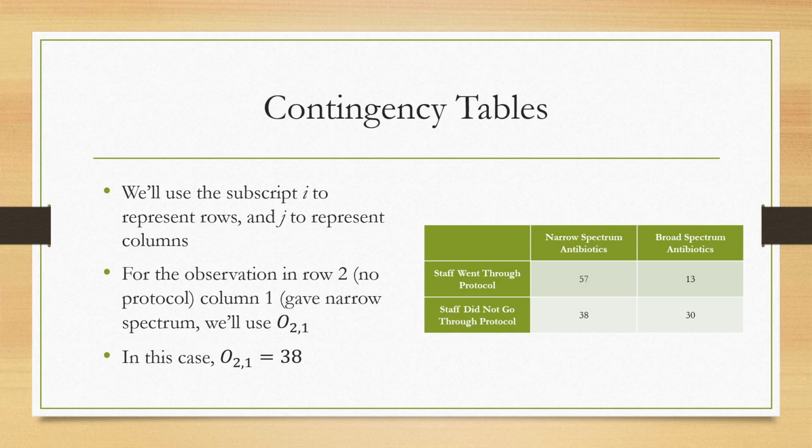In this case, O sub 2,1 is 38. There were 38 people in row 2, column 1, or 38 people who did not go through the protocol who assigned narrow spectrum antibiotics in their most recent antibiotic prescription.